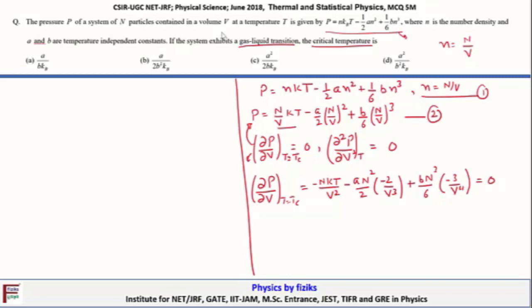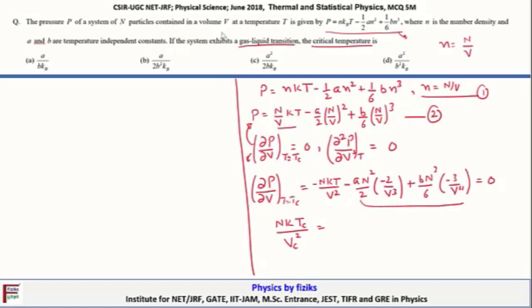After rearranging these terms, we bring NkT/V squared to the left hand side. So this can be written as NkTc, because this gives us the critical parameter Tc, with the critical volume Vc squared, and the remaining two terms on the right hand side.